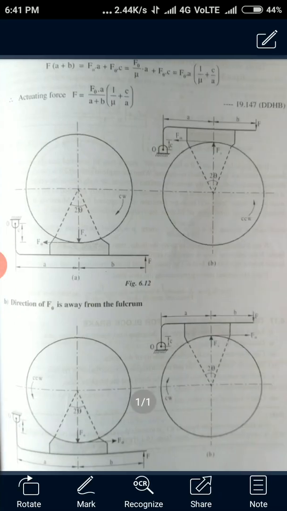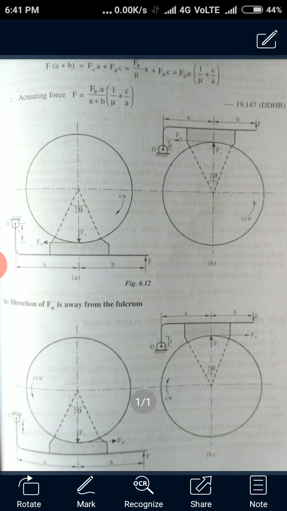Now you see the sketch here. So what you can observe, the tangential force F theta in figure A, you can see the position of F theta, fulcrum O and center of the drum. What you can observe, the F theta is below the fulcrum O and center of the drum.